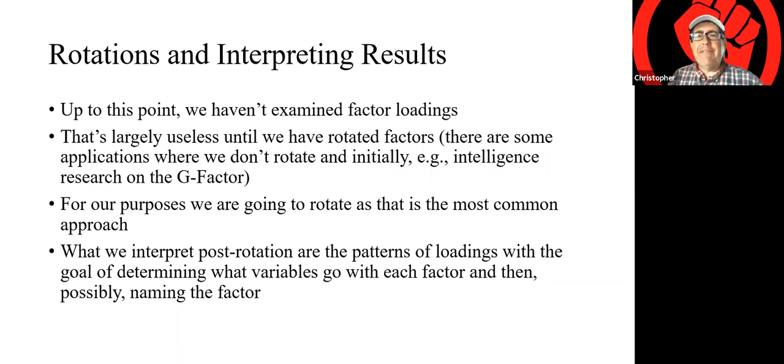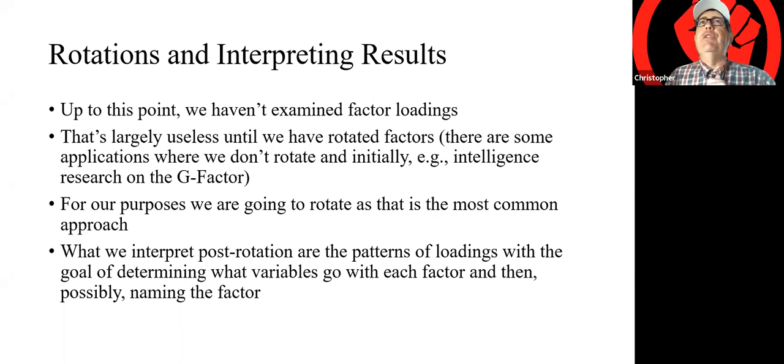Up to this point, we haven't talked about the factor loadings very much. The reason for that is that the factor loadings are largely useless unless we have done what's called factor rotation. Factor rotation is an approach that will help with interpretability.